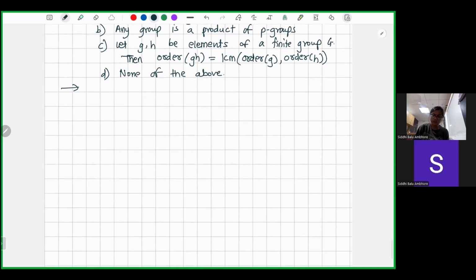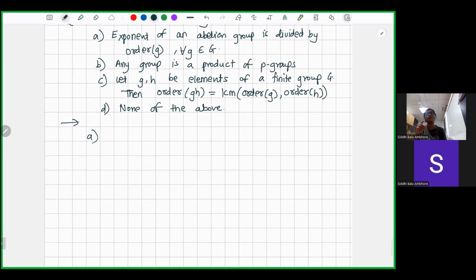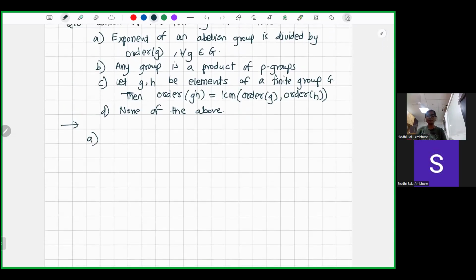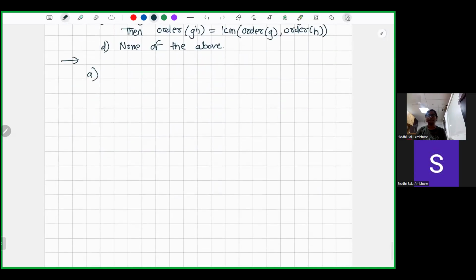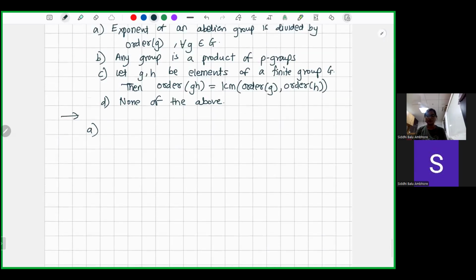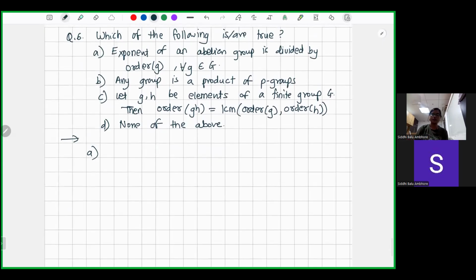So let us start with one option, one at a time. Sorry. So, is the exponent of an abelian group divisible by the order of g for all g or not?